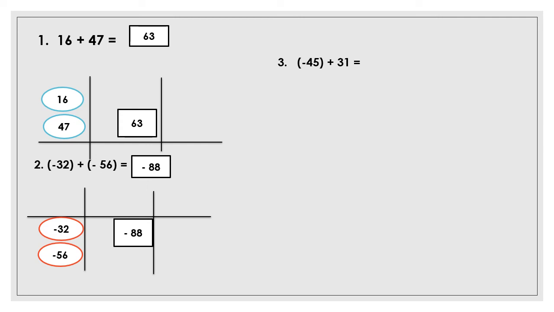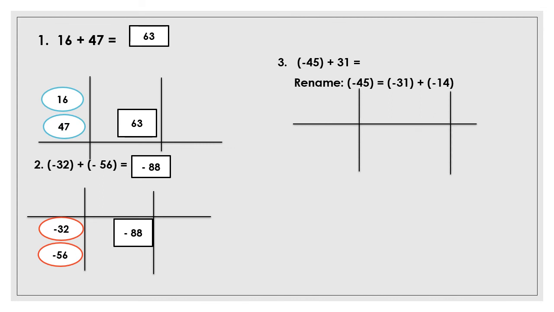Then we have negative 45 plus 31. So we rename first negative 45 as negative 31 plus negative 14 so that we have the additive inverse of positive 31. So using the seeds diagram, we have negative 31 at the lower portion as well as negative 14.